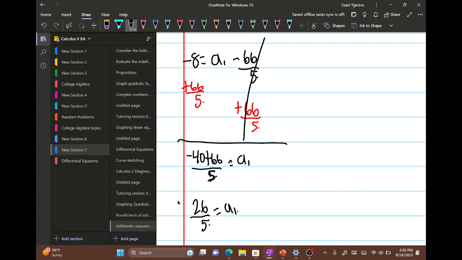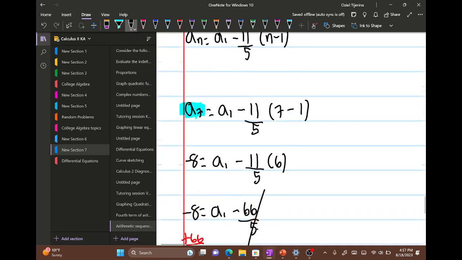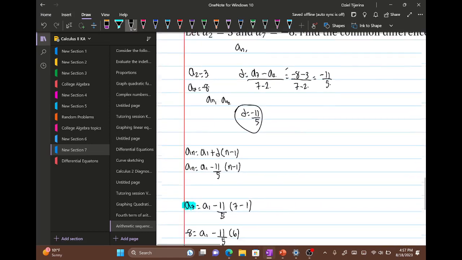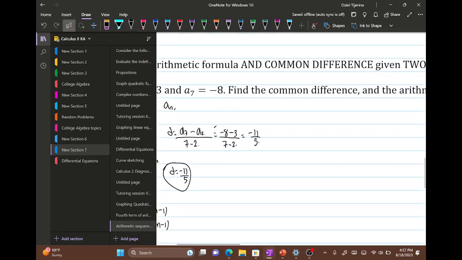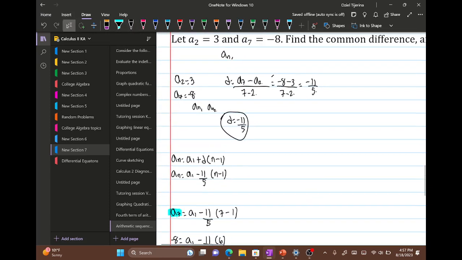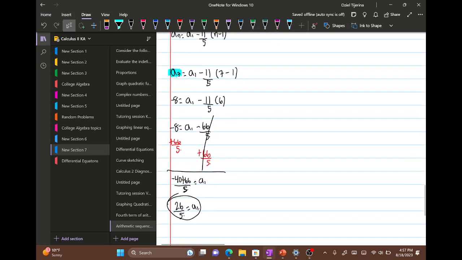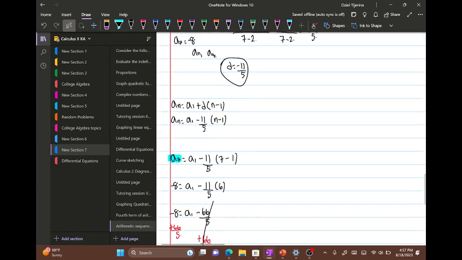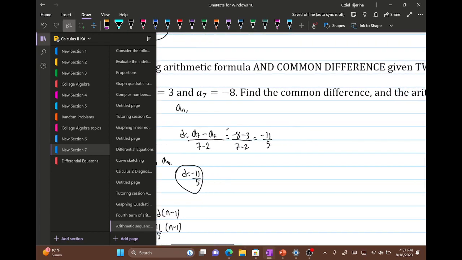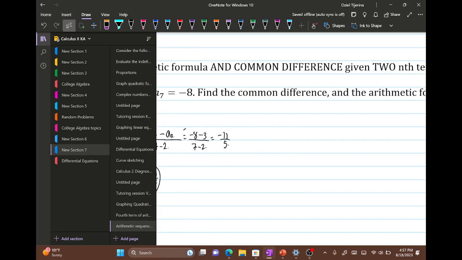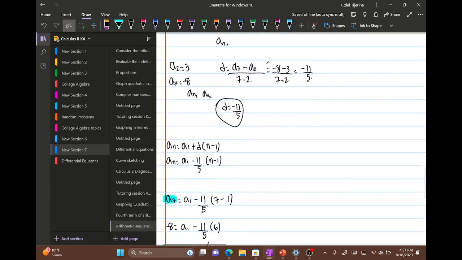And so we wanted to find the arithmetic formula. So like I said, apparently we do need the first term. So whether or not it asks you for it, you do need to find it in the process of actually doing this problem.